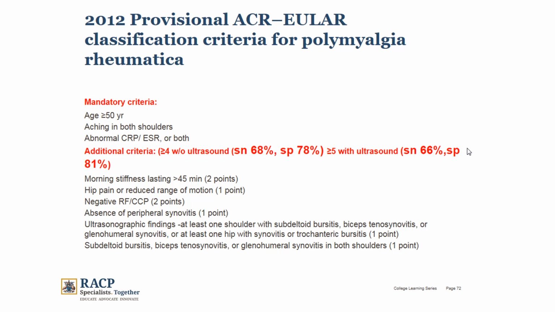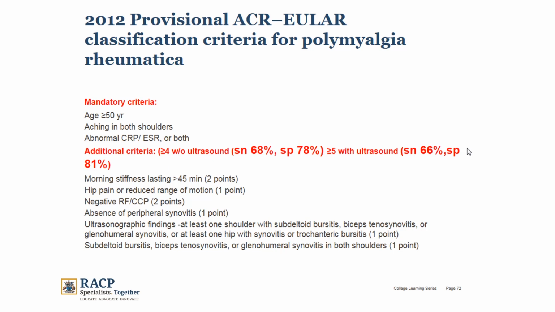Additional criteria included use of ultrasound, and the presence of morning stiffness lasting more than 45 minutes, reduced hip range of movement, and negative rheumatoid factor and CCP. This was important because rheumatoid arthritis can be a differential diagnosis for these patients, particularly seronegative rheumatoid arthritis.